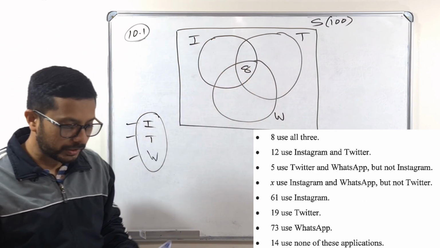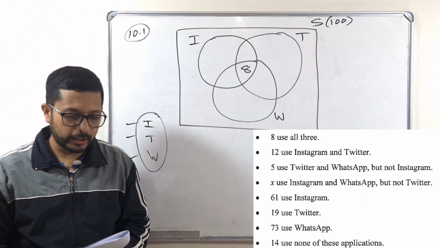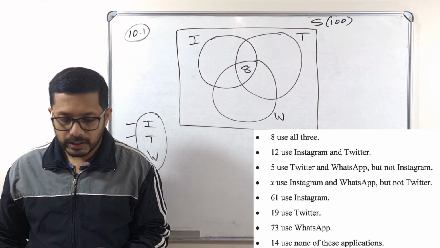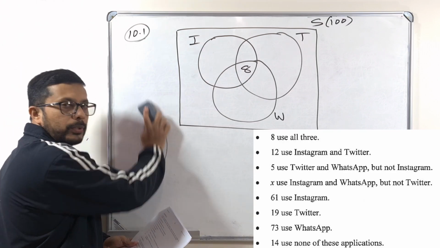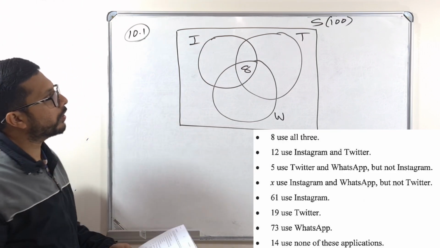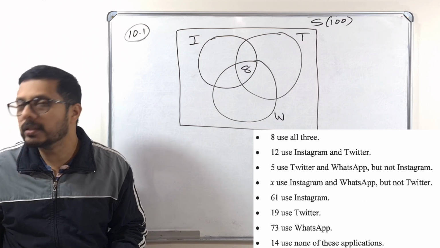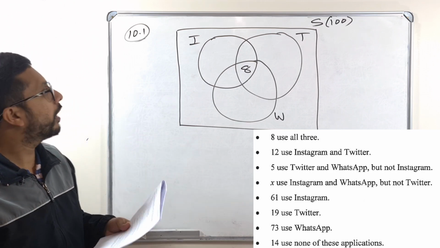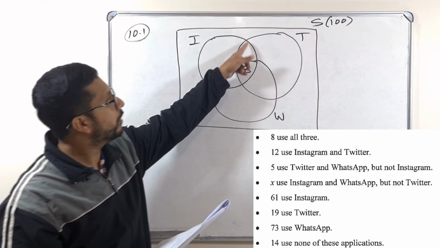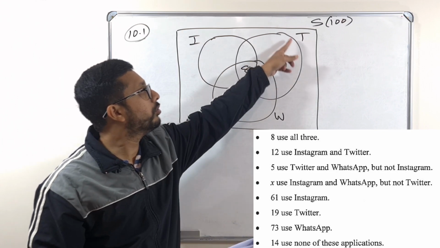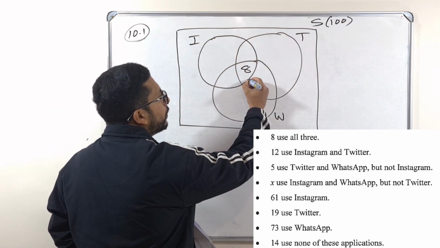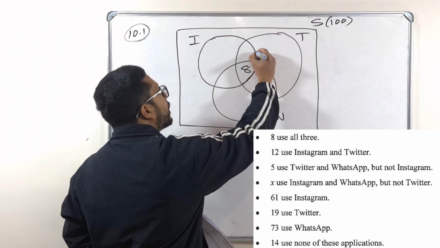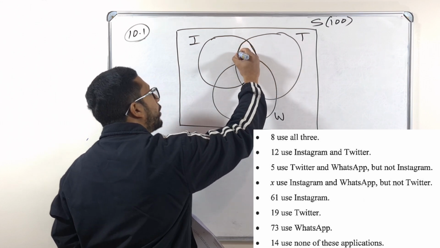Then the second bullet: 12 use Instagram and Twitter. So 12 of them are using Instagram and Twitter. Which space is for Instagram and Twitter? Instagram is this one and Twitter is this one. This space is common for Instagram and Twitter.